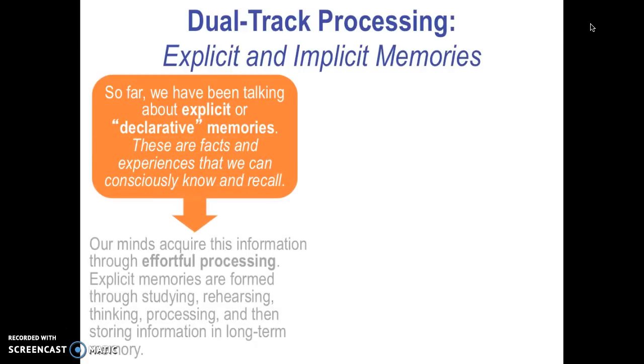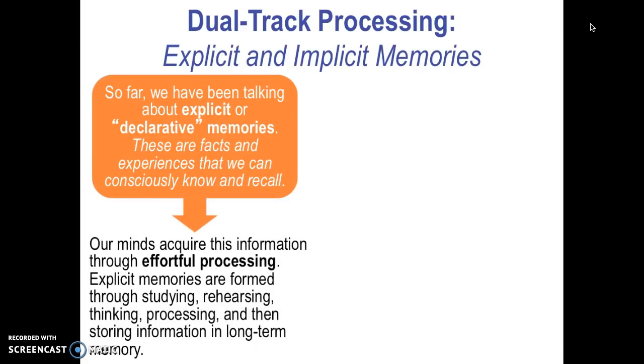So explicit memory, these are those facts and those experiences that you consciously have to effortfully put into your brain. For instance, knowing the facts and figures for a math class, that is an explicit memory.